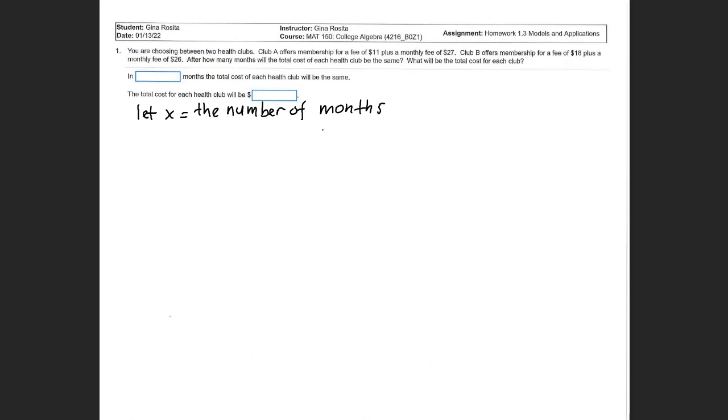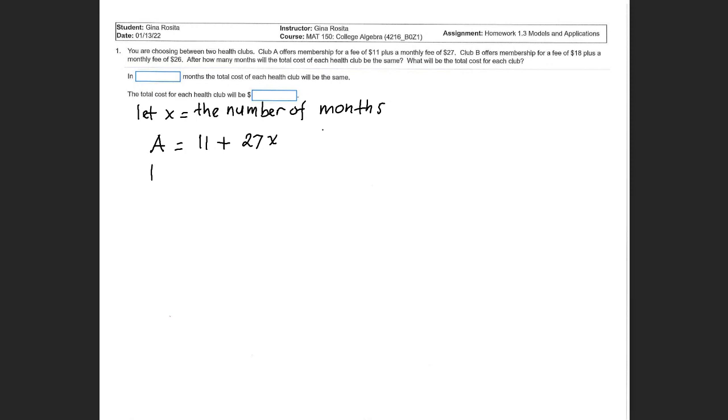Now look at Club A. They say Club A offers membership for a fee of $11. The fee is $11 plus, so I just put plus, a monthly fee of 27. It means 27 times x.